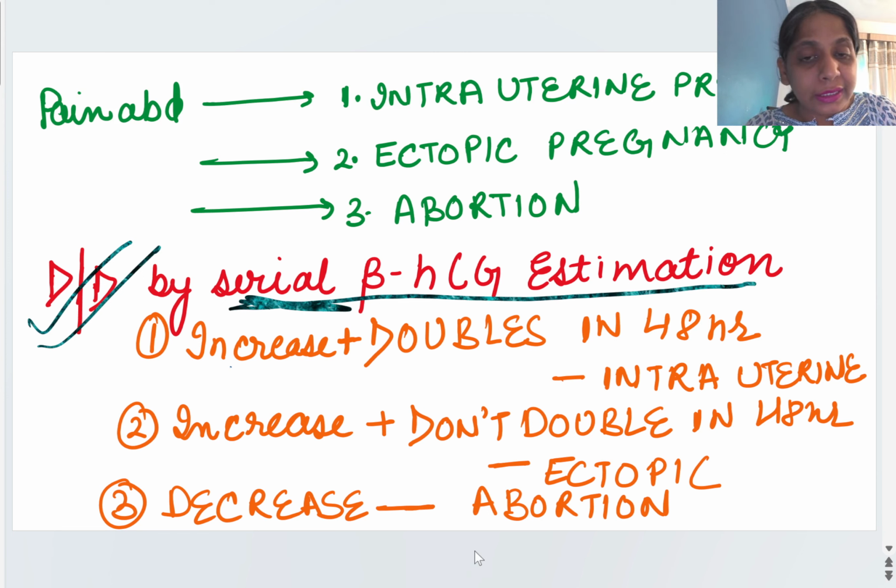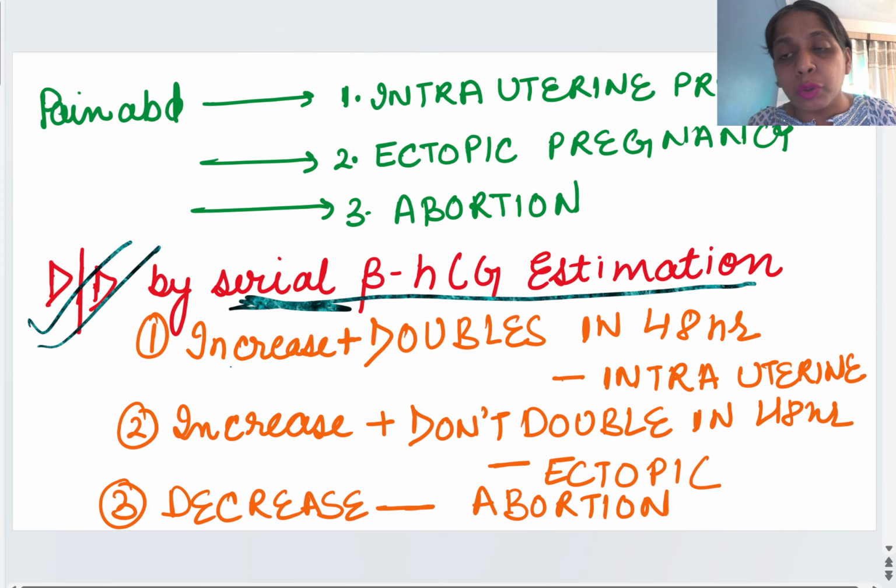If only UPT is done, then you will say serial beta hCG estimation. I hope it is clear.